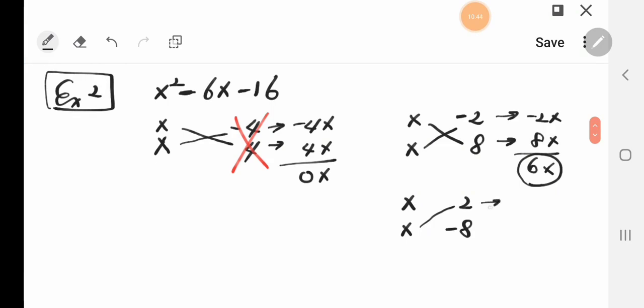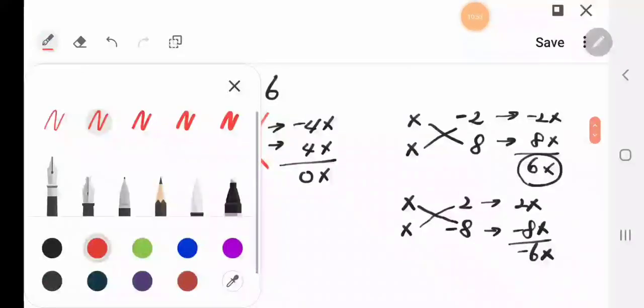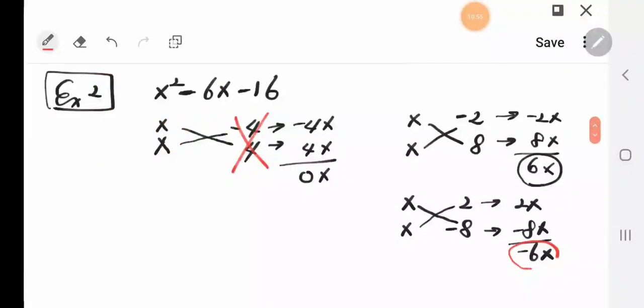And the cross multiply is 2x, cross multiply, then this is negative 8x. The sum is negative 6x. So finally, the sum of the result is negative 6x, which is same as the second term. So we found a match. So that will be the product of x plus 2 and x minus 8. The expression of the binomial comes from the first line and the second line.